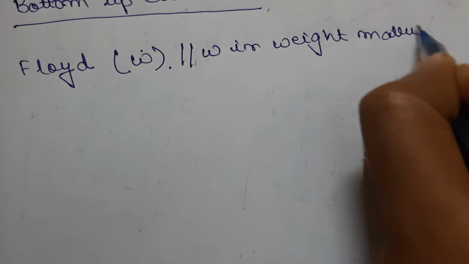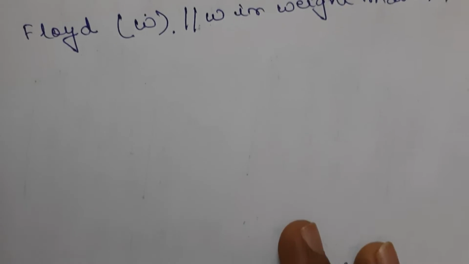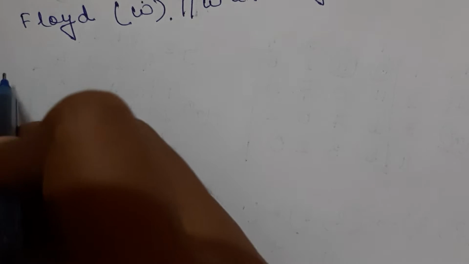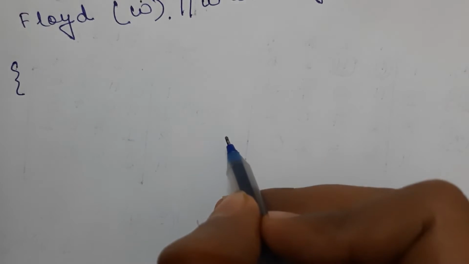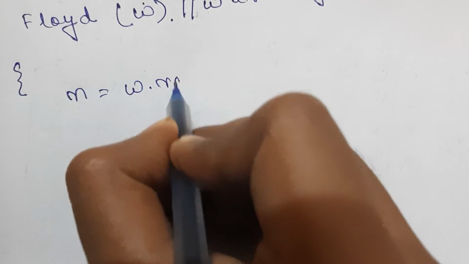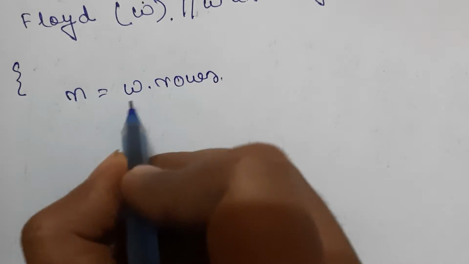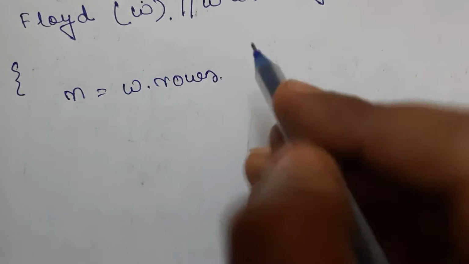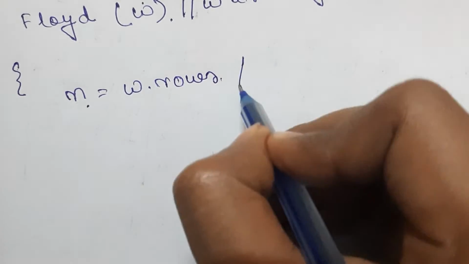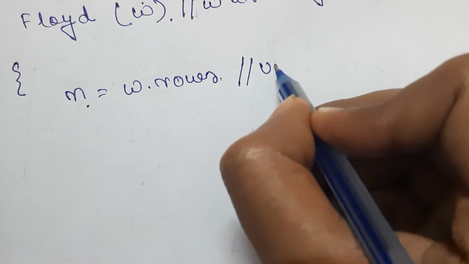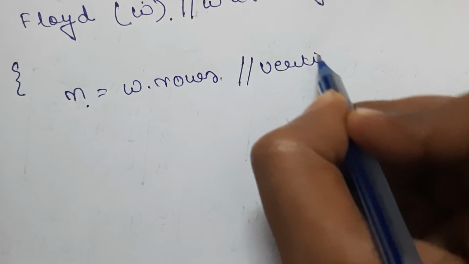Okay, now let us take n is equal to w dot rows, meaning the number of rows in the weight matrix is n. What does n denote? It denotes the vertices.